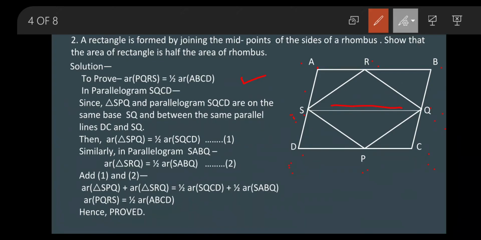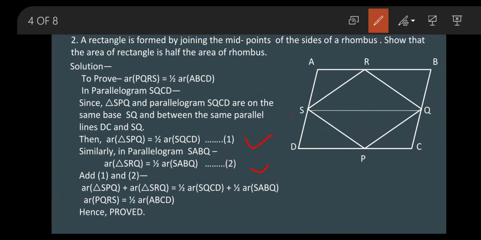So area of triangle SPQ is equal to half of area of parallelogram SQCD. Similarly in parallelogram SABQ, area of triangle SRQ is equal to half of area of parallelogram SABQ.